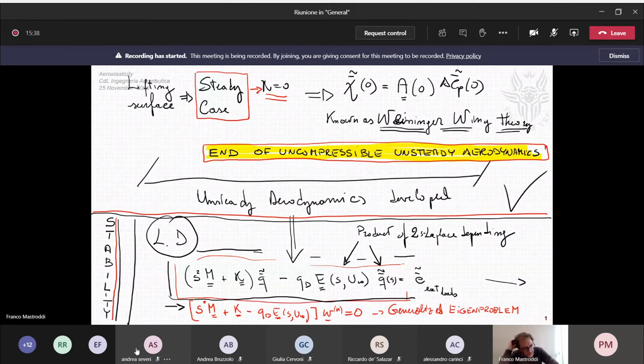But we never focused our attention on the eigenvector W. What do these complex eigenvectors represent for our analysis? So I would like to spend some time on this element of our stability analysis, the eigenvector W.